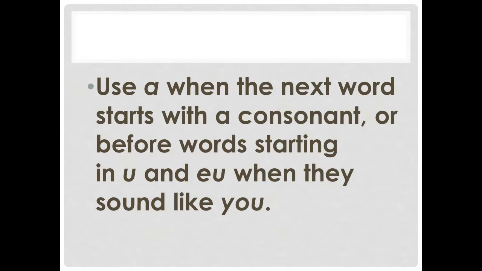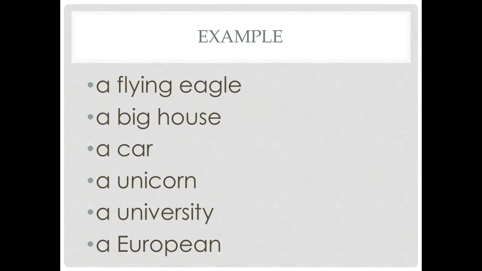Use a when the next word starts with a consonant or before words starting with U and EU when they sound like U. For examples, a flying eagle, a big house, a car, a unicorn, a university, a European.